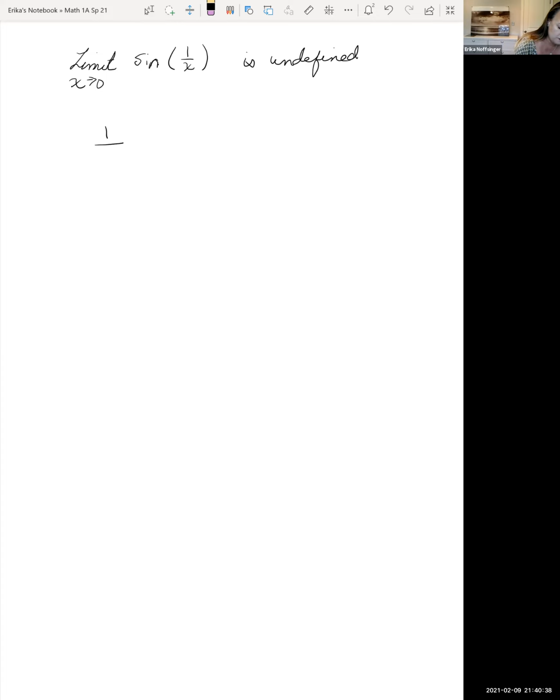If you have 1 over 10, this is 0.1, it's 1/10. If we have 1 over 100, this is equal to 0.01, it's 100th. So as x is going to 0, notice that this number is actually going to infinity.